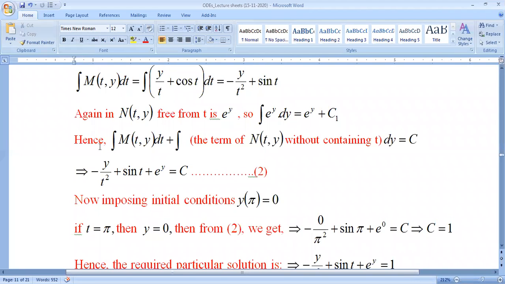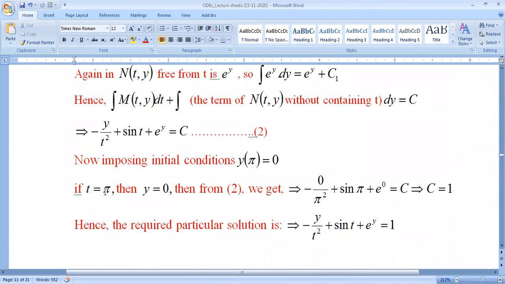So the solution of the given exact differential equation is the integration of M with respect to t keeping y constant, plus the integration of the term in N without t with respect to y, equals c.